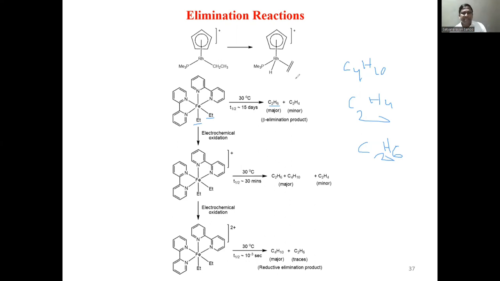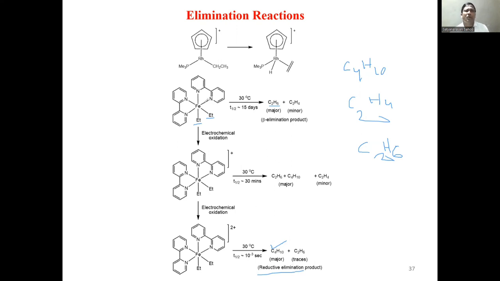So you can see as the oxidation state goes from +2 to +3 to +4, at the +4 oxidation state the major product is C4H10, which is the reductive elimination product. Because iron +4 is not stable, it is converted to iron 2 plus by the reductive elimination process.